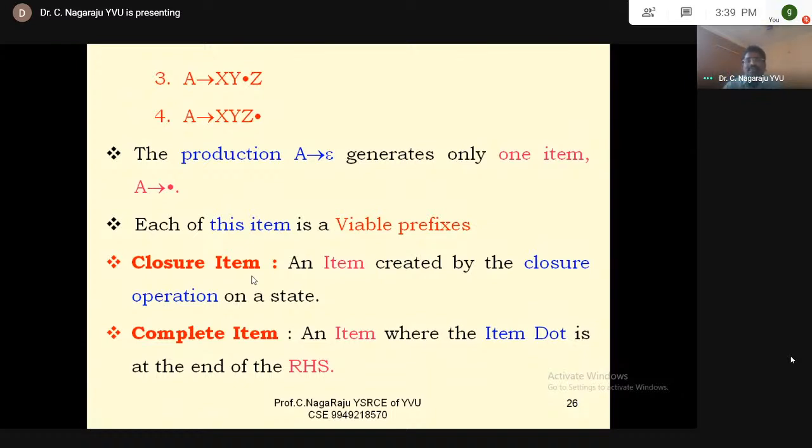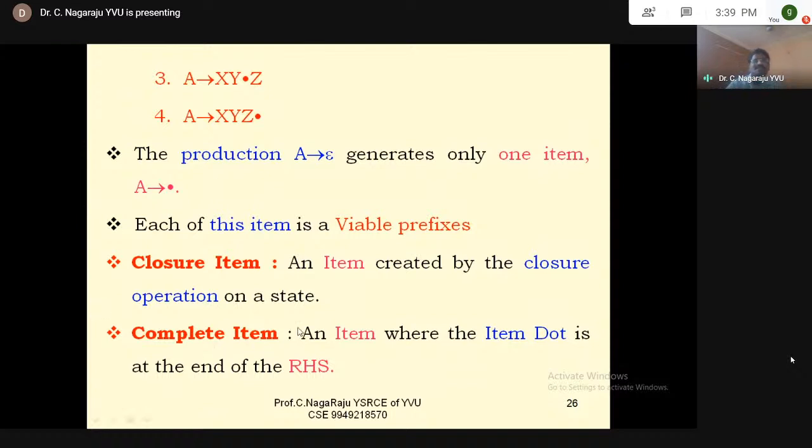A closure item is an item created by a closure operation on a state. The closure operation will have 0 or more productions, or 0 or more states.